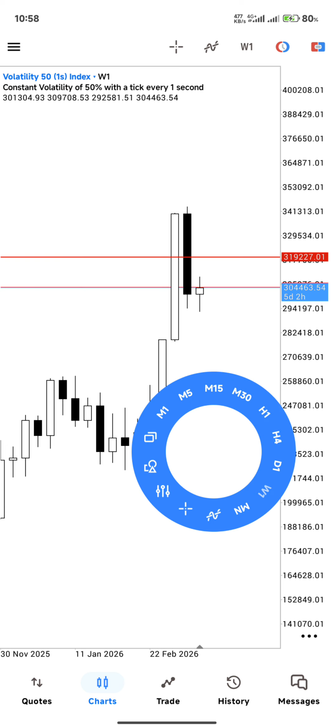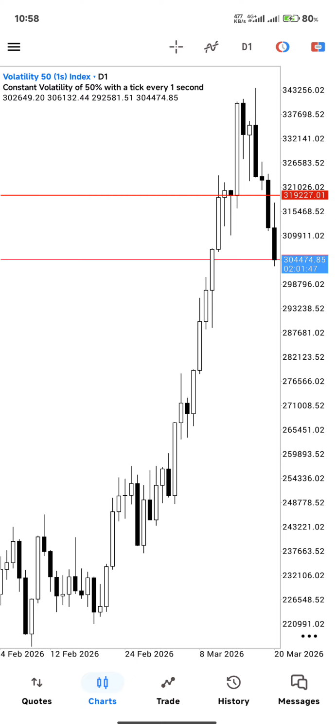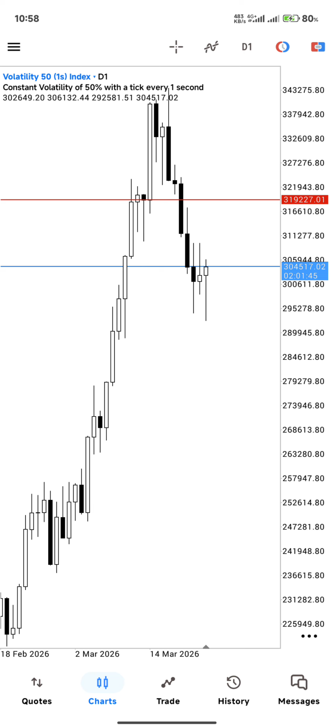Moving to the daily time frame, you notice that 50% coincides with a daily fair value gap. So once again, the higher time frame validates the market direction.